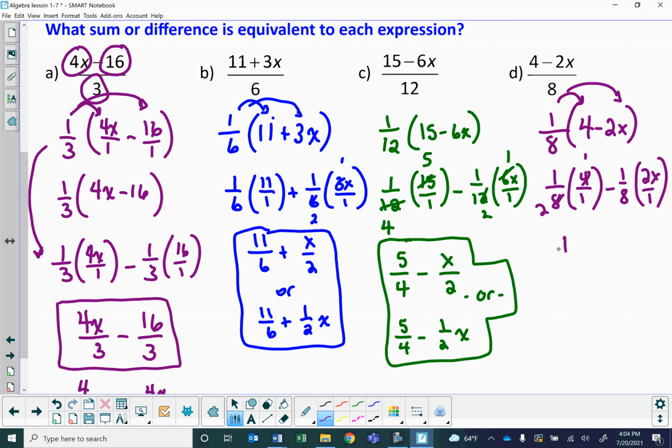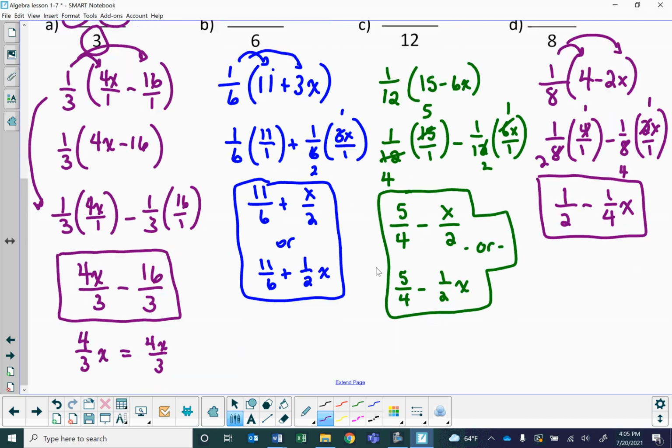This becomes 1/2. 2 goes into 8 4 times, minus 1/4 x, or x over 4. So that's how you would write a sum or difference, which is equivalent to a number with a 1 fraction bar. Now you can write it as separate fractions. All righty.